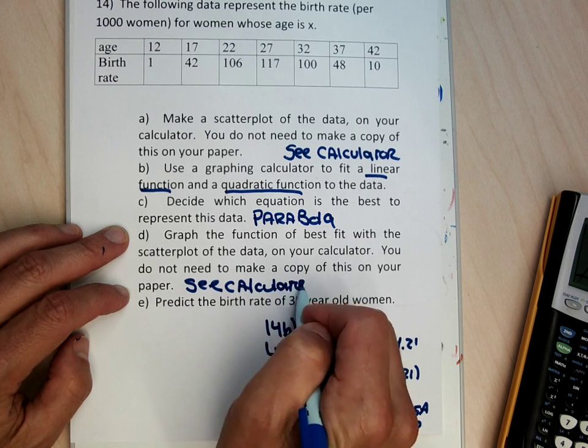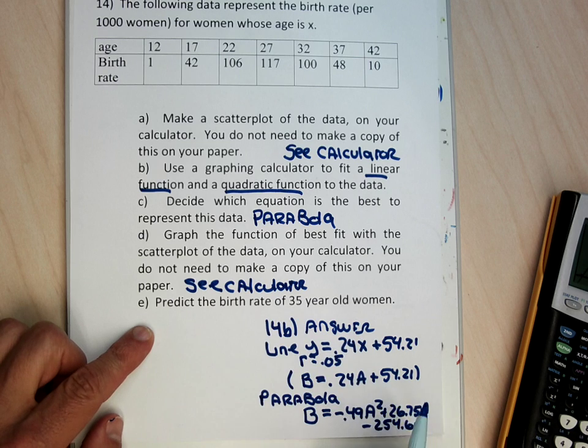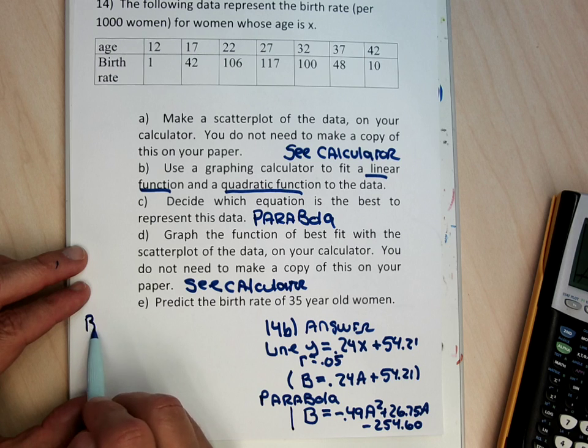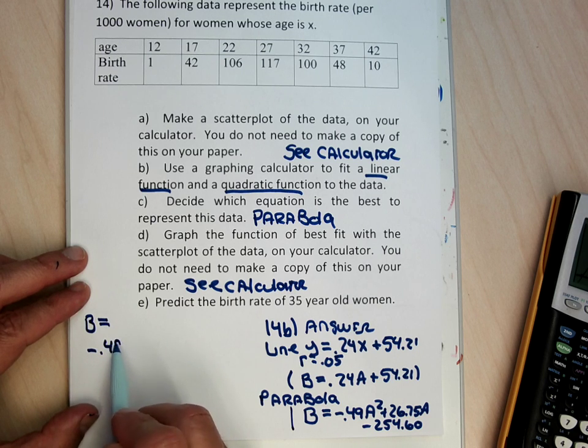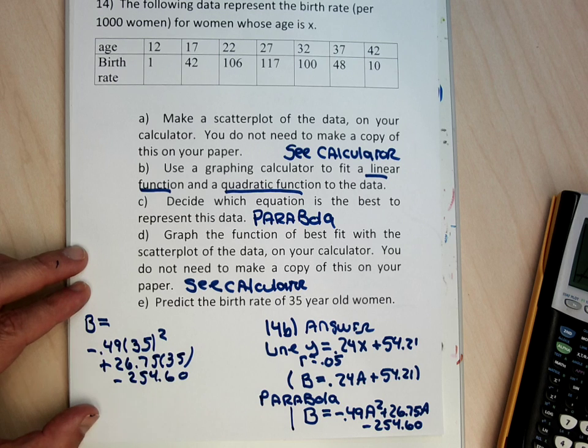Next thing I need to do is predict the birth rate of a 35-year-old woman. To do that, I'm going to use this equation and plug 35 in for a. So the birth rate equals negative 0.49 times 35 squared plus 26.75 times 35 minus 254.60. This is going to tell me out of 1,000 35-year-olds how many of them are going to have kids.